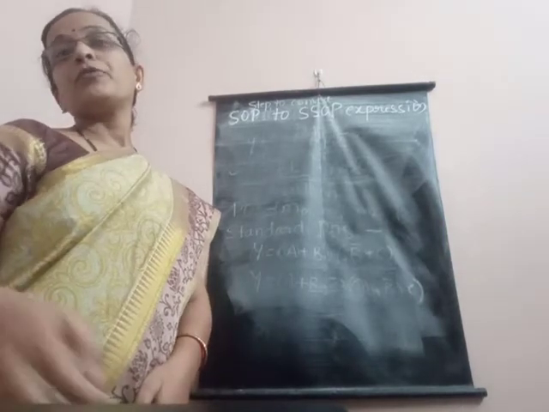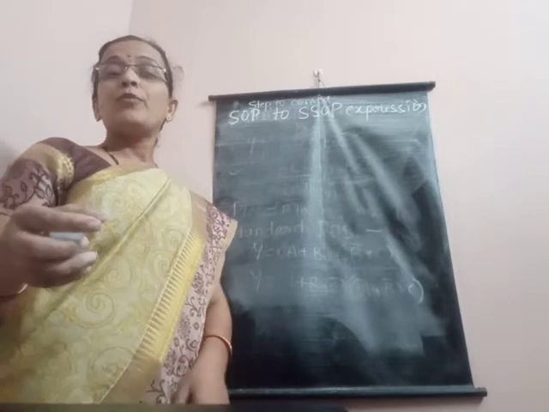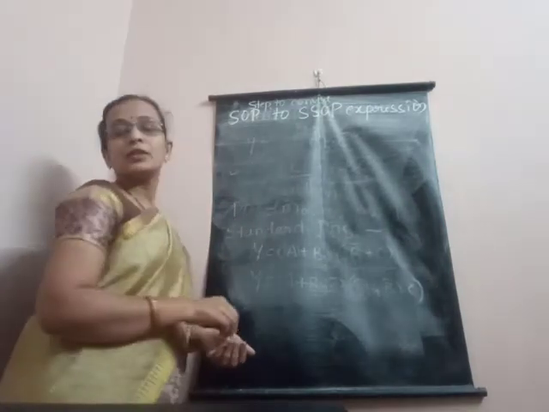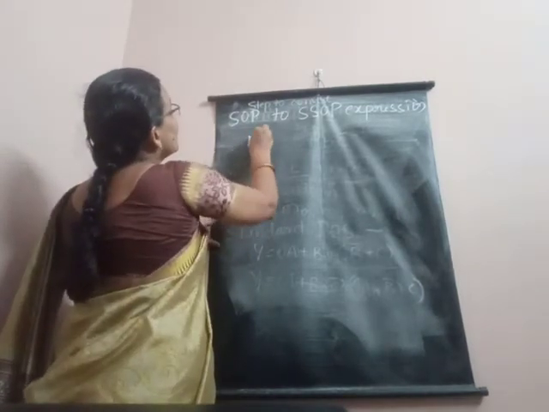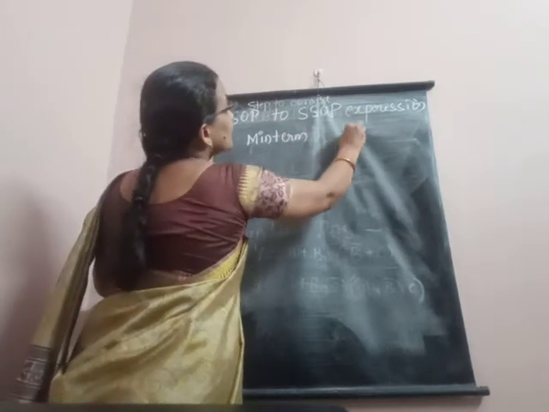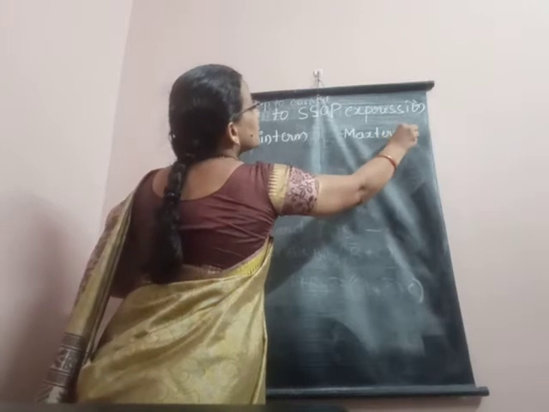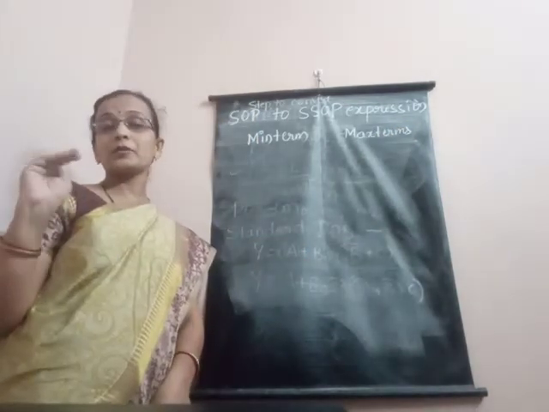Before going to conversion, first we will write what we mean by min term and max term. Max terms are the terms in the case of standard product of sum form.